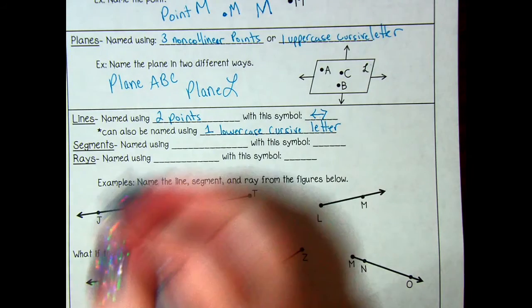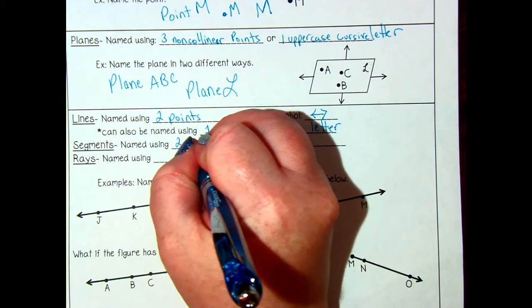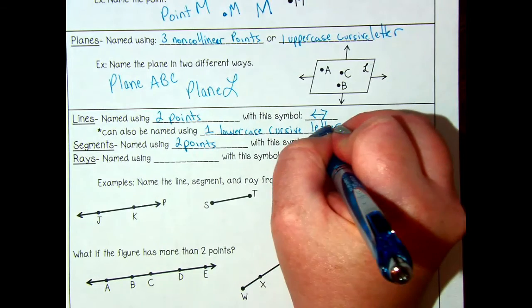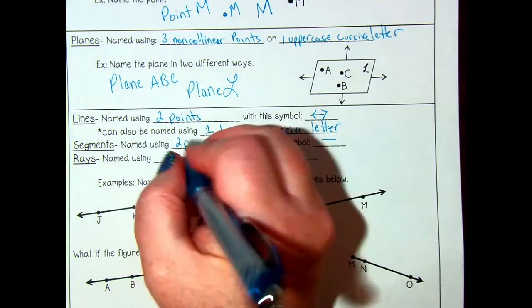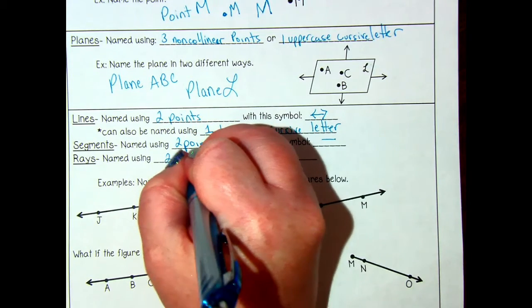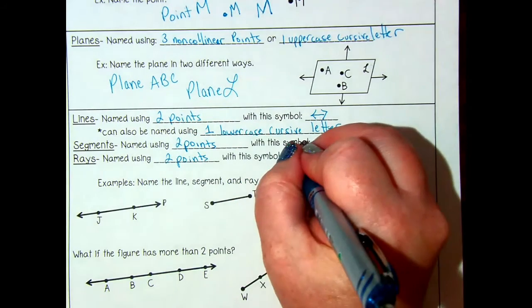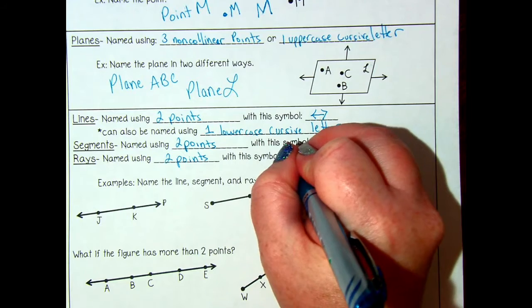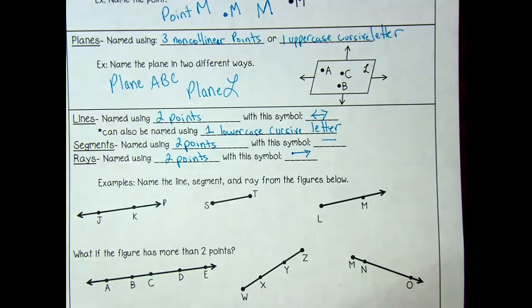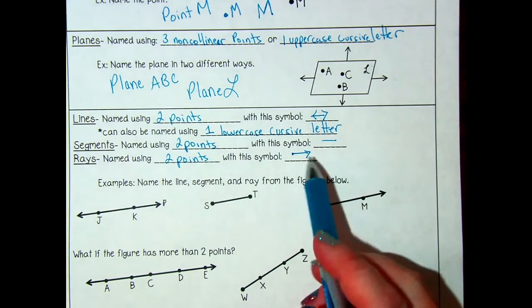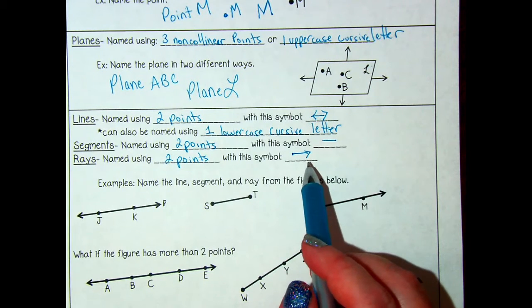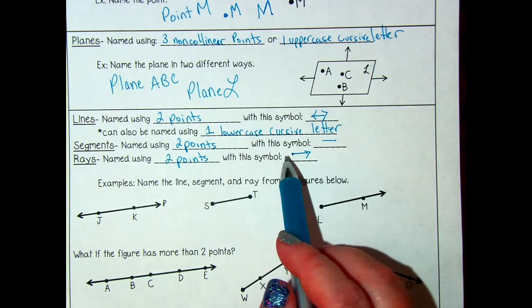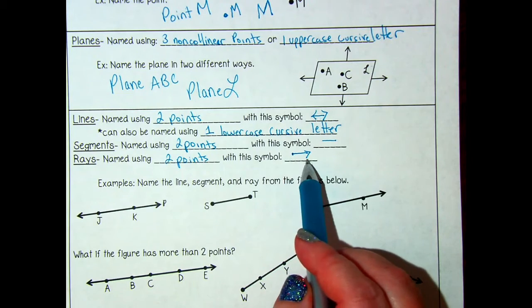Segments are named using 2 points and have that symbol. And rays are named using 2 points and have the ray symbol. The other thing to remember is that ray symbols always go to the right because it's the right thing to do. So we never draw it backwards. The endpoint goes first, and then we have the next letter.